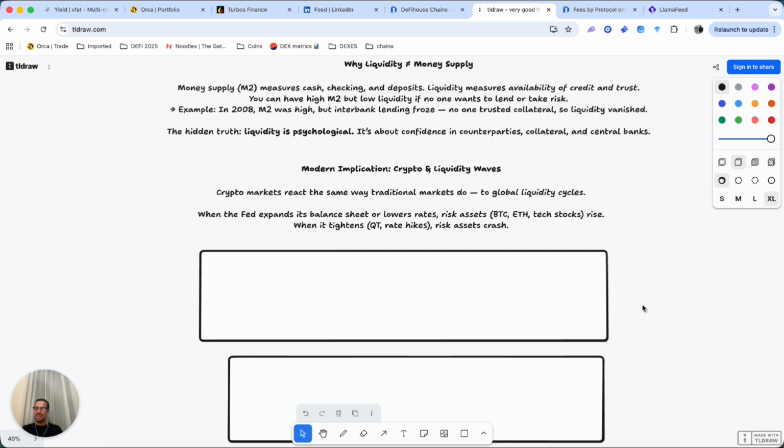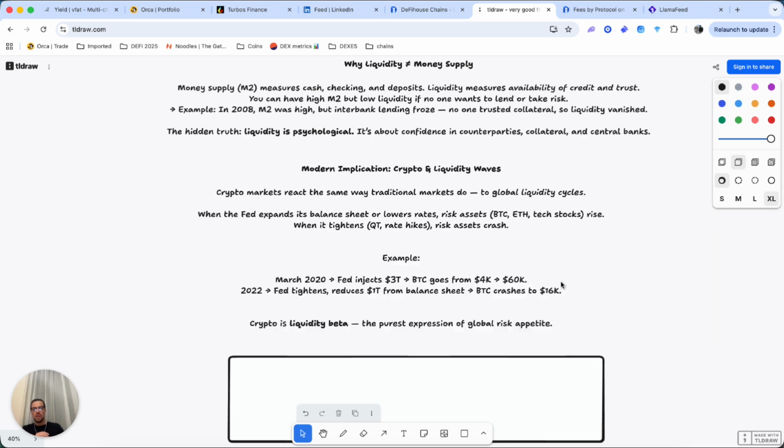Because everyone is selling risk on assets and getting back to risk off environments, to safe havens, and just keeping US dollar treasuries and bonds, because the interest rates on those are increased. So it makes sense for the biggest institutions to hold that rather than participate actively in a risk on environment.